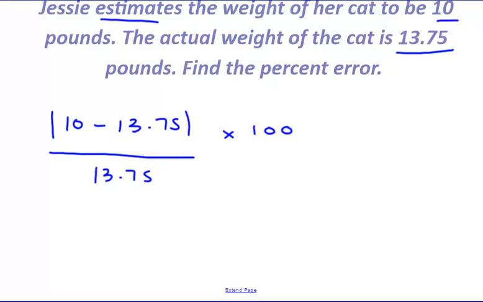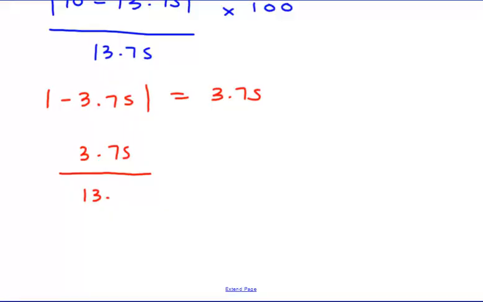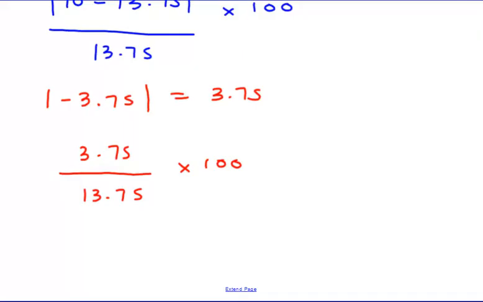So when we subtract these two here, we're going to get the absolute value of negative 3.75, which is simply 3.75. So 3.75 over 13.75 times 100. So when you do 3.75 divided by 13.75, you're going to get a long repeating decimal.